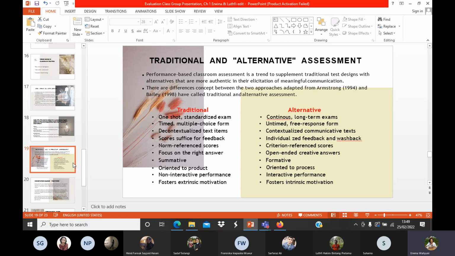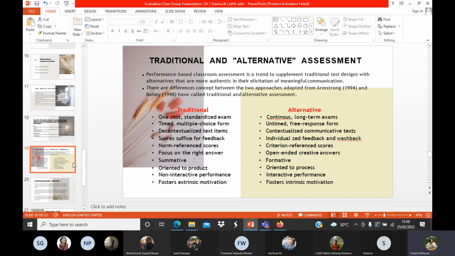And in traditional, the score is enough to give the feedback, to get the figure about the feedback. But in the alternative, there is not only feedback but also washback. Traditional is norm-referenced scores.